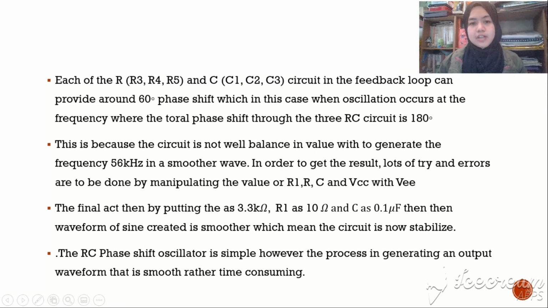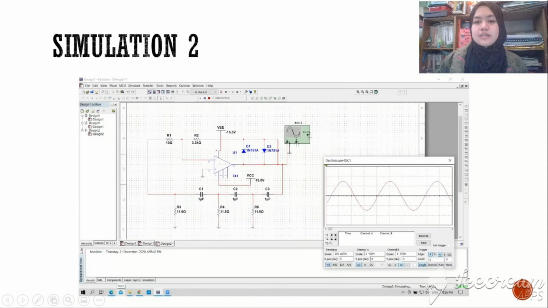Okay, for the second point, as you can see, the circuit is not well balanced in value to generate 56 kilohertz, because from the simulation we have used the 741 op-amp. This op-amp is generally used to generate frequencies less than 1 kilohertz.